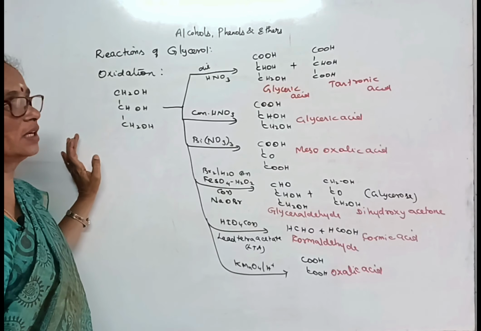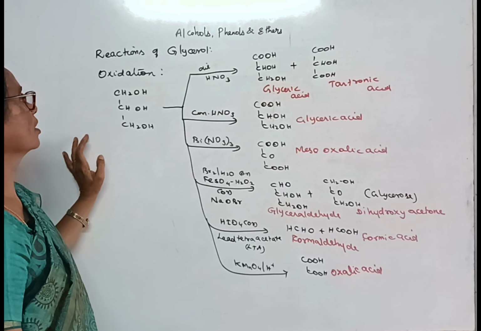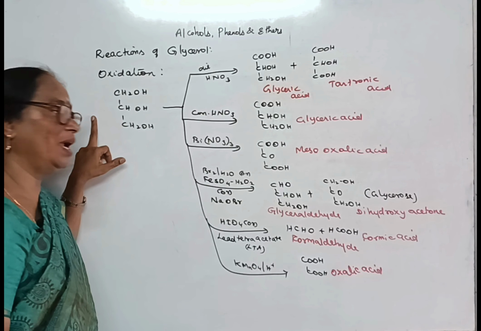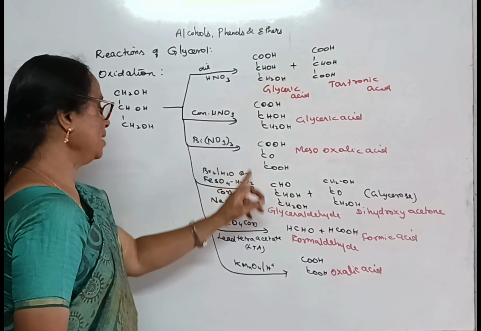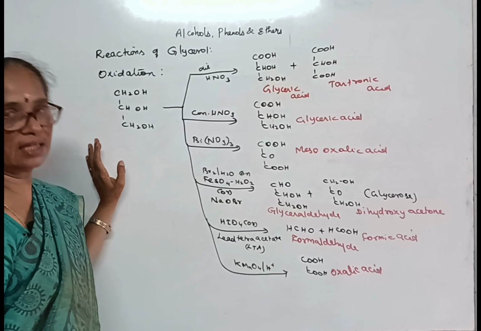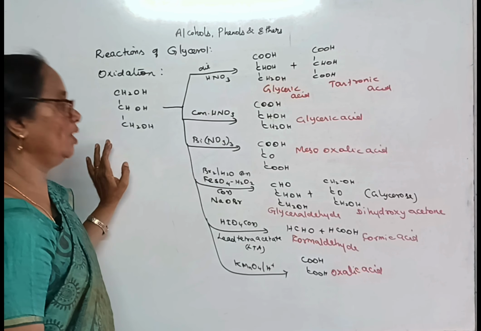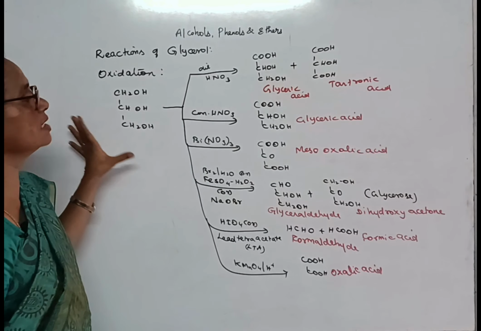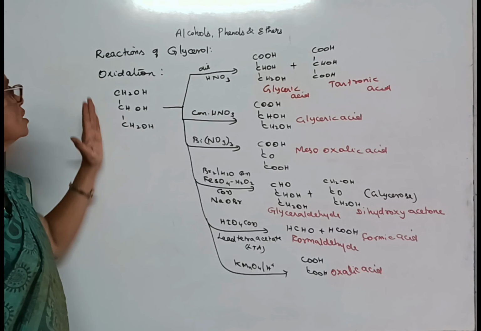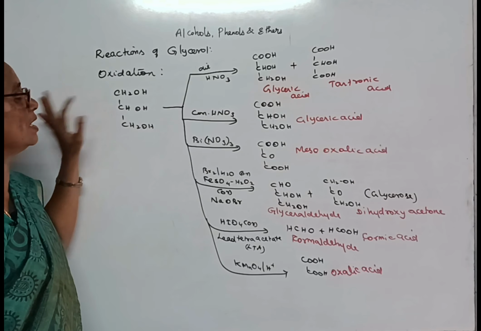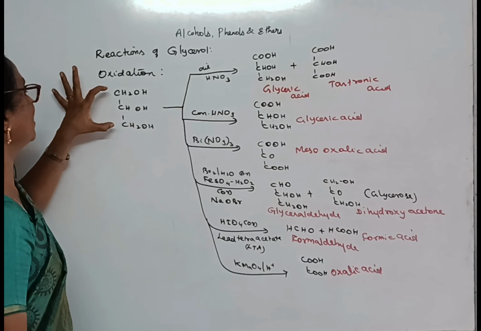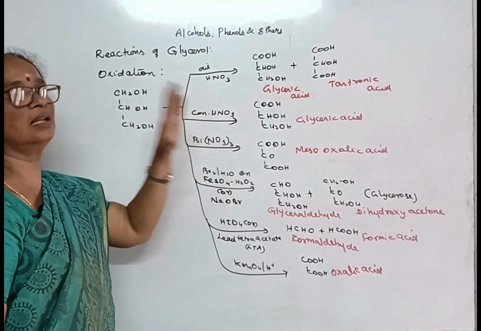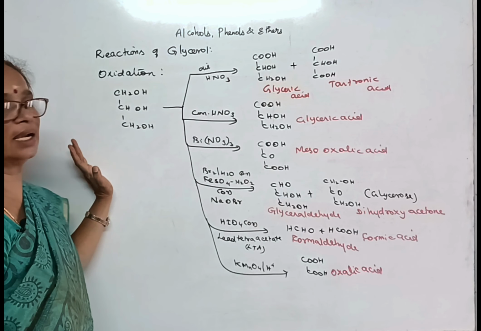Oxidation of glycerol. When glycerol is oxidized, based on the type of oxidizing agent we have chosen, we will get a variety of products from glycerol. As it has two primary alcohols and one secondary alcohol, the primary alcoholic group will be oxidized to carboxylic acid through the formation of aldehyde.